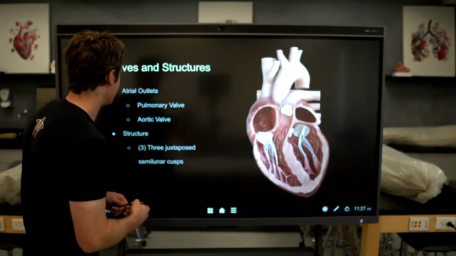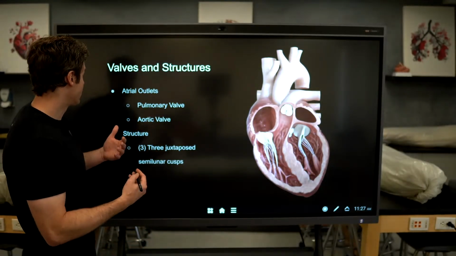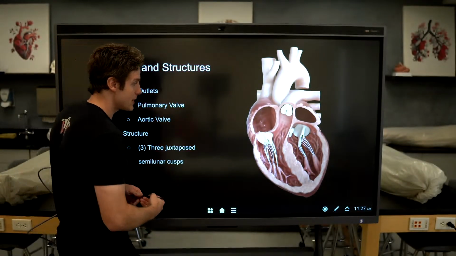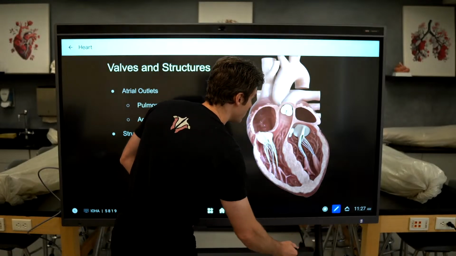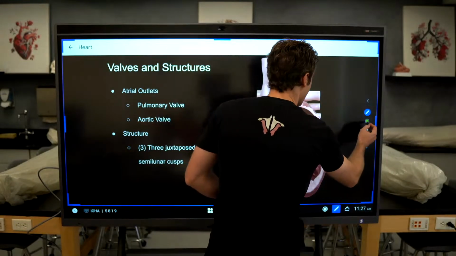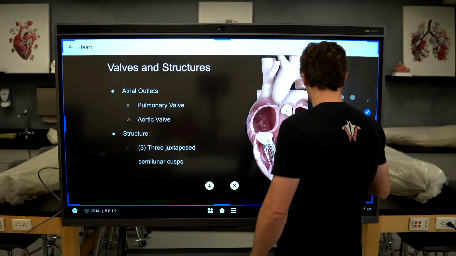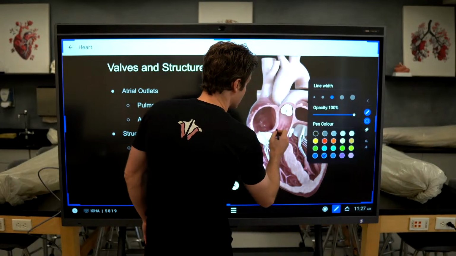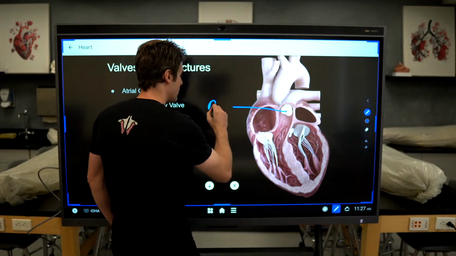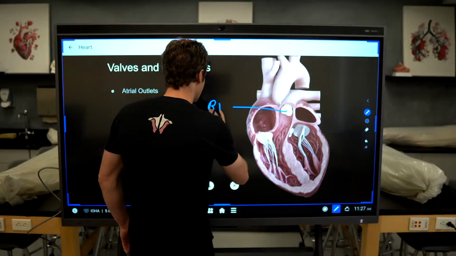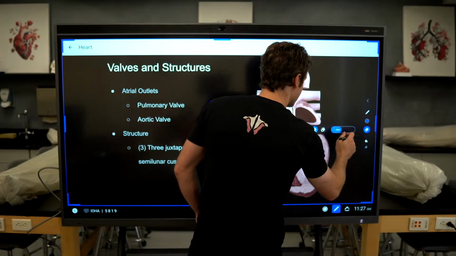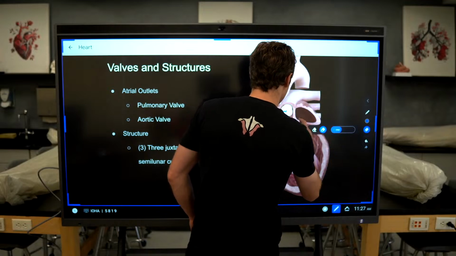Now let's go to the valves of the arterial outlets. Here we're going to see our pulmonary valve and our aortic valve. Let's do the pulmonary valve first, which you can see right there. I keep doing R's instead of P's there. Let's clear that.